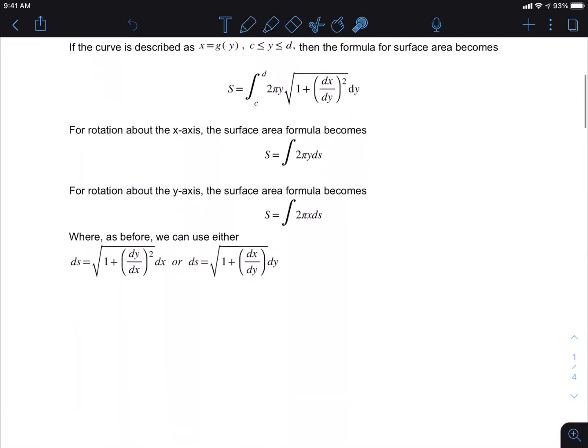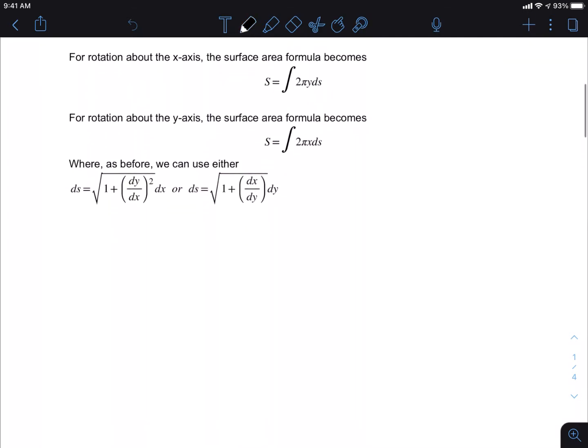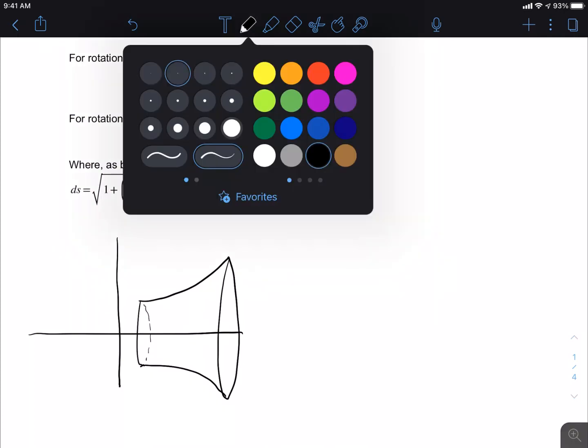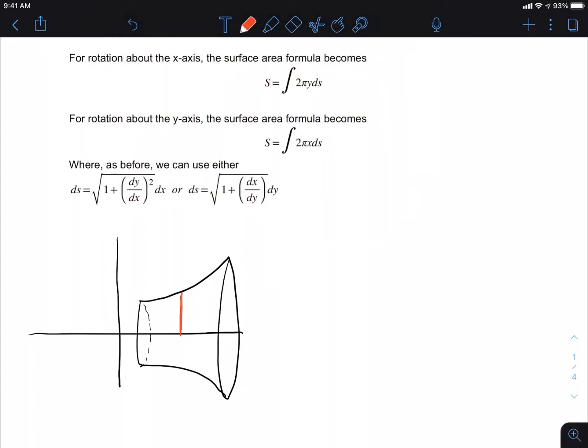Okay? So just so we quickly understand some stuff, I'm going to do some little kid sketches here. So if I have a function and I'm going to rotate this about the x-axis, right? I know that the circumference is going to be this. This is going to be the radius, correct? For the circle that's created.